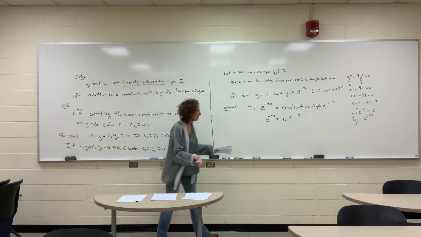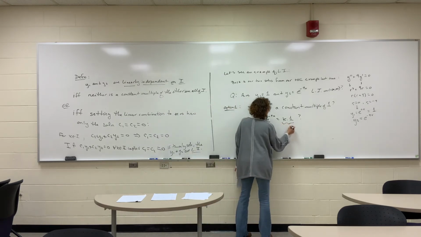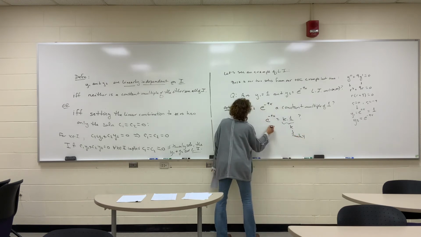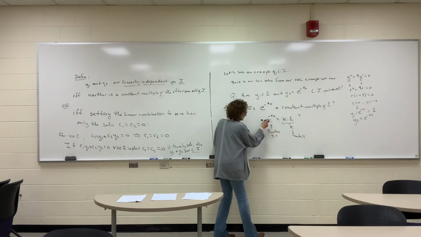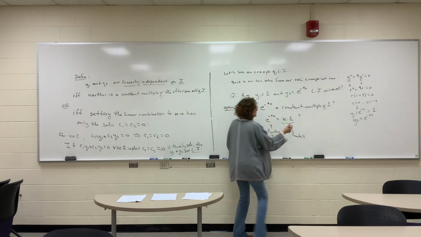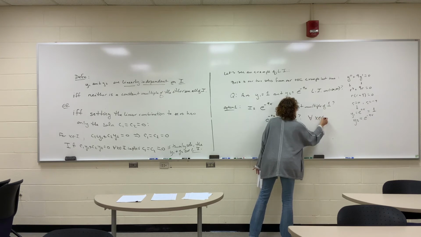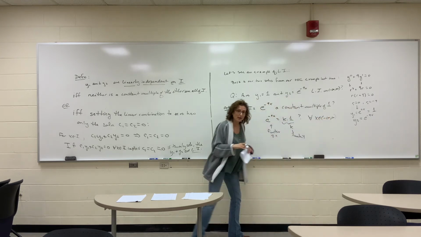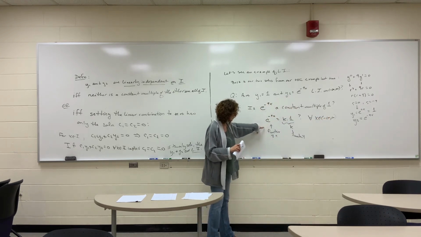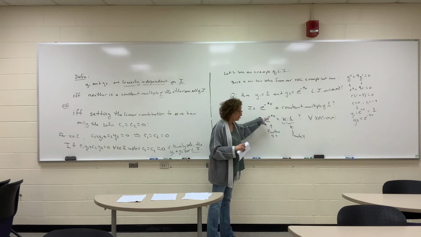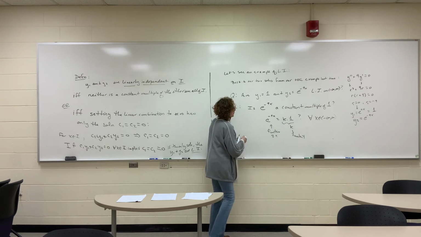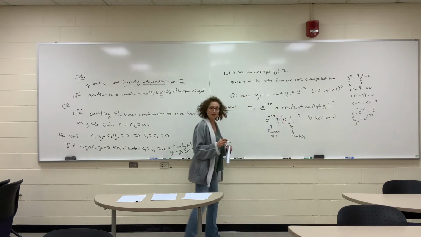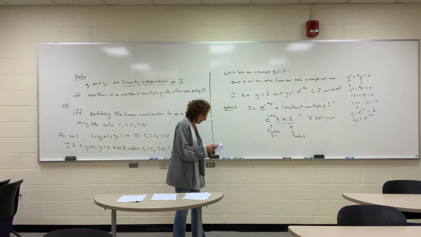Absolutely not, because a constant times 1 is a constant, and this is a function of x that changes as x changes, because this has to be true for all x in minus infinity to infinity. So this guy is not constant, and so this is not equal to a constant. So the answer is no.